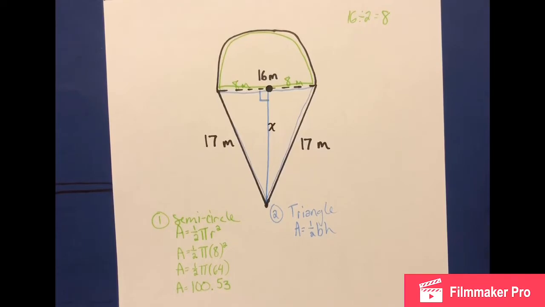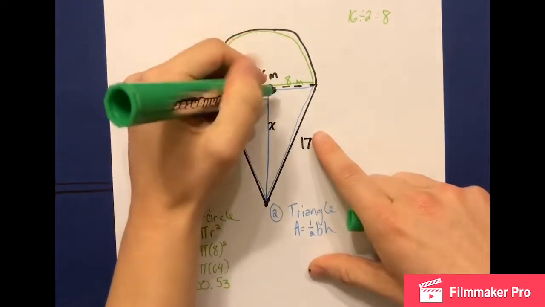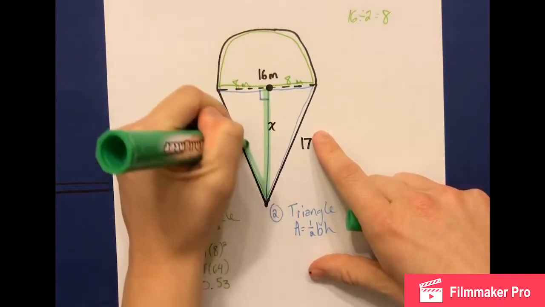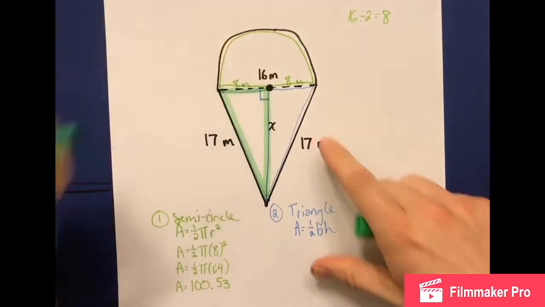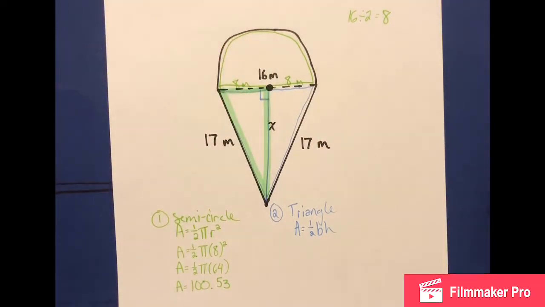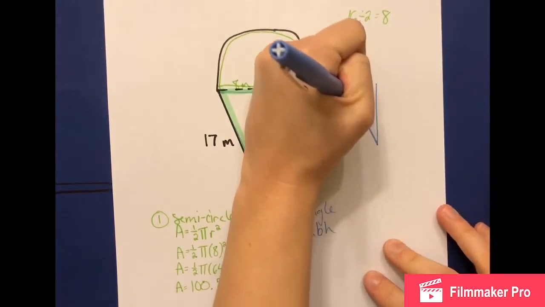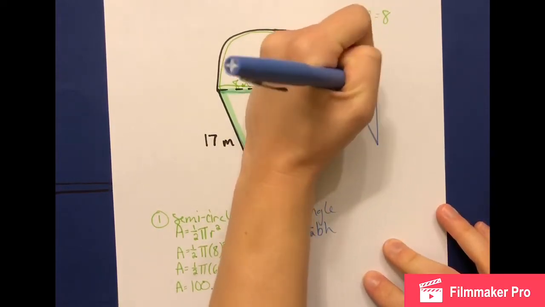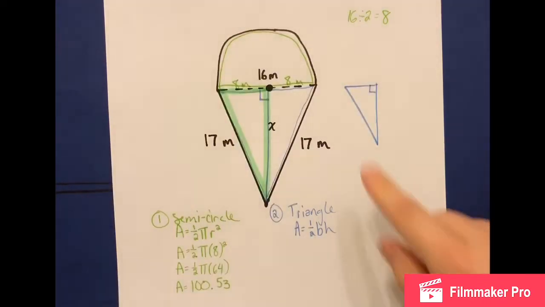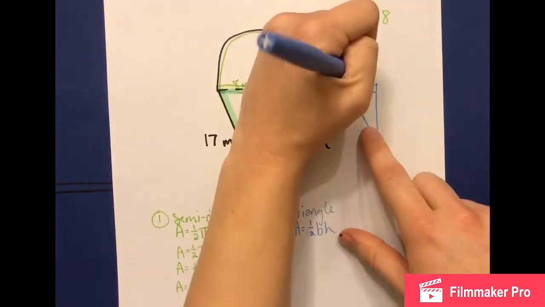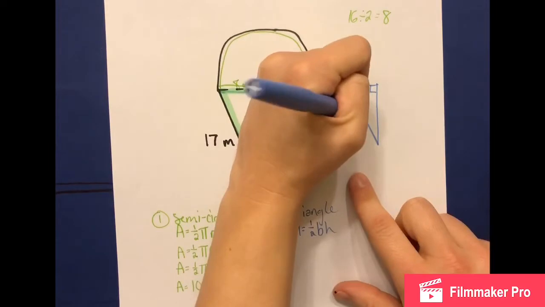So let me get this real quick. I'm going to have you look at this. Okay? That part right there. I'm going to draw it out over here. This length here is 8. This length here is 17.